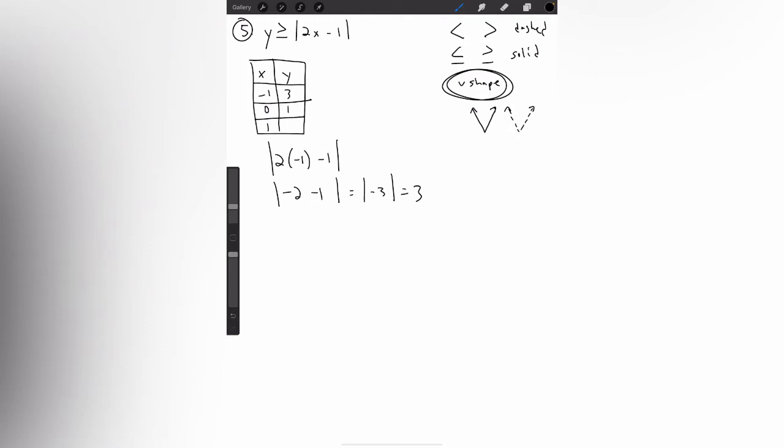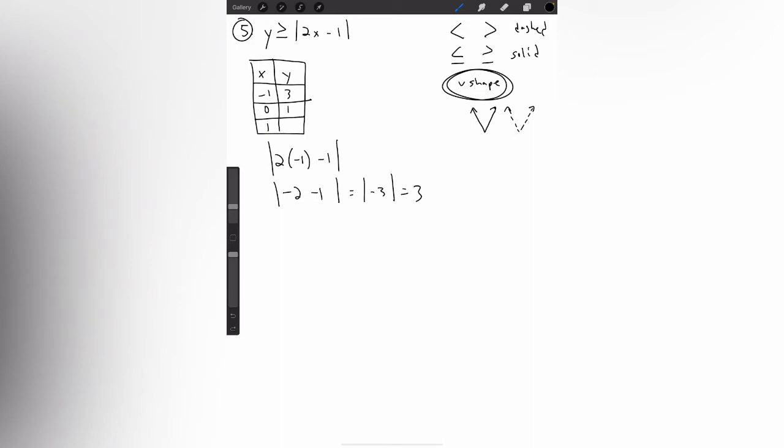All right. Let's try 1. 2 times 1 is 2. 2 minus 1 is 1. The absolute value of 1 is 1. Did I do that right? Yes. So 0, 1, and 1, 1.